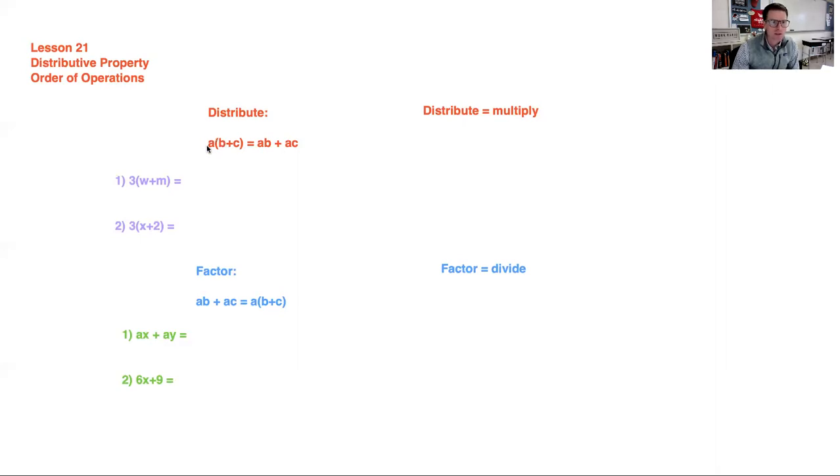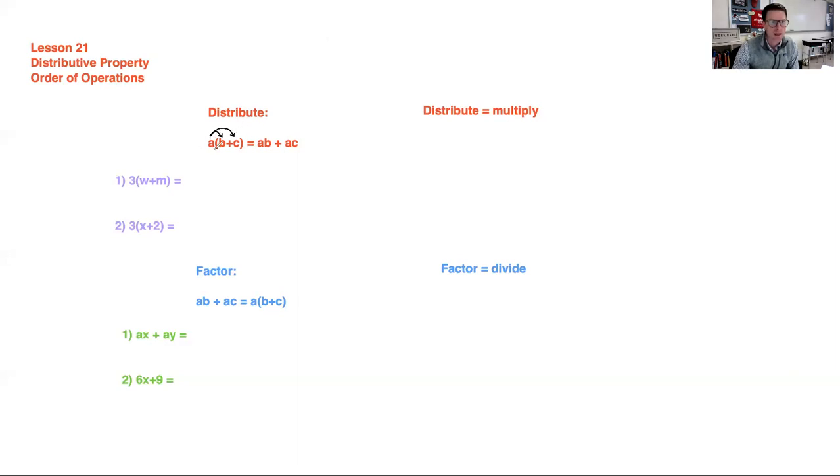I'm going to distribute this A. Normally I would multiply the A times whatever B plus C is. But here I'm going to distribute the A. You'll see people like to draw these arrows. I'm going to distribute the A to all of the terms in parentheses.